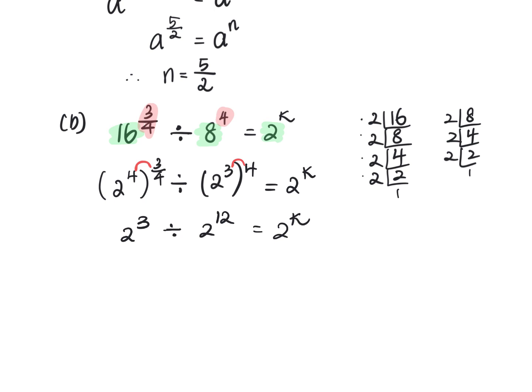For this kind of equation, when there is division, we subtract the power. So 3 minus 12 to the power of k. 3 minus 12 gives me negative 9. So therefore, k is equal to negative 9.